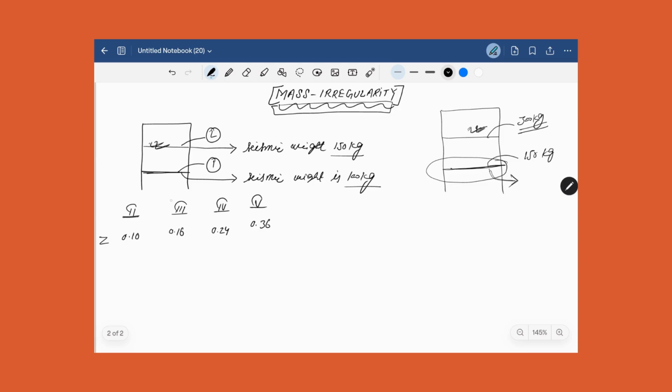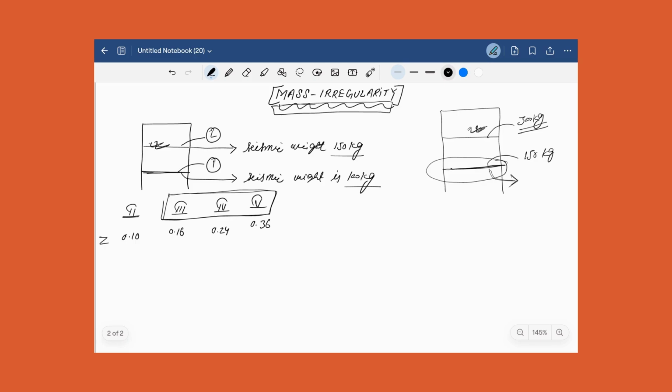So if any structure has a mass irregularity and is located in zone 3, 4 and 5, then you have to go for the response spectrum analysis method or time history method, meaning you have to go for dynamic analysis.